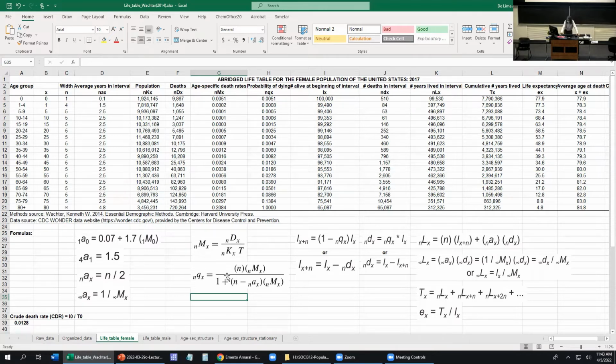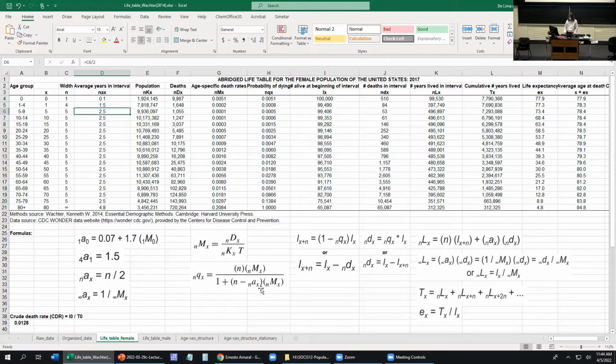So what do we do? We multiply the mortality rate by the width of the age group, divide by 1 plus the width of the age group minus the average years that people lived in that interval, multiplied by mx n. And this column here is a new column that I did not discuss in the previous class: the average years in the interval.